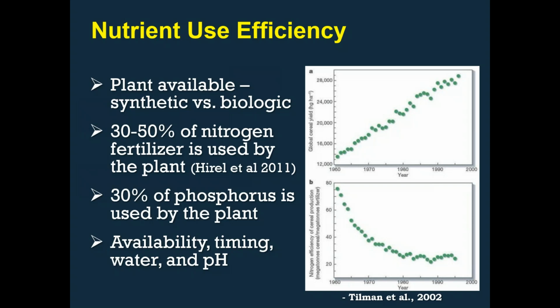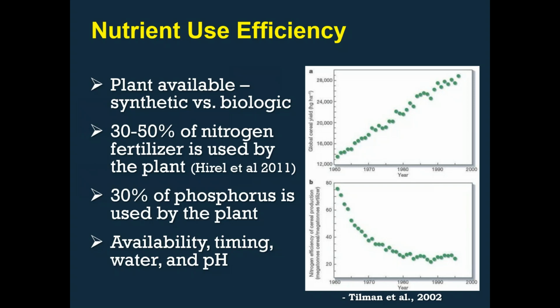When we look at nutrient use efficiency, that's what these graphs are showing. Since we started using synthetic nutrients in the early 1900s, we've known that nitrogen use efficiency for synthetic nitrogen fertilizer was somewhere around 30 to 50%, which means that 30 to 50% of the synthetic nitrogen that you add ends up in your crop plant.